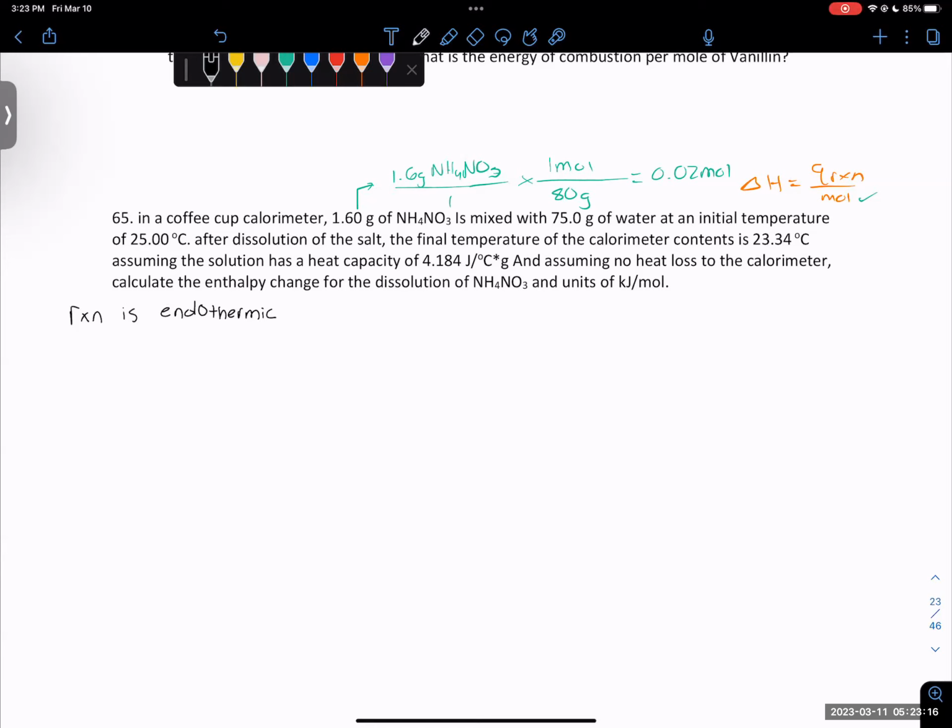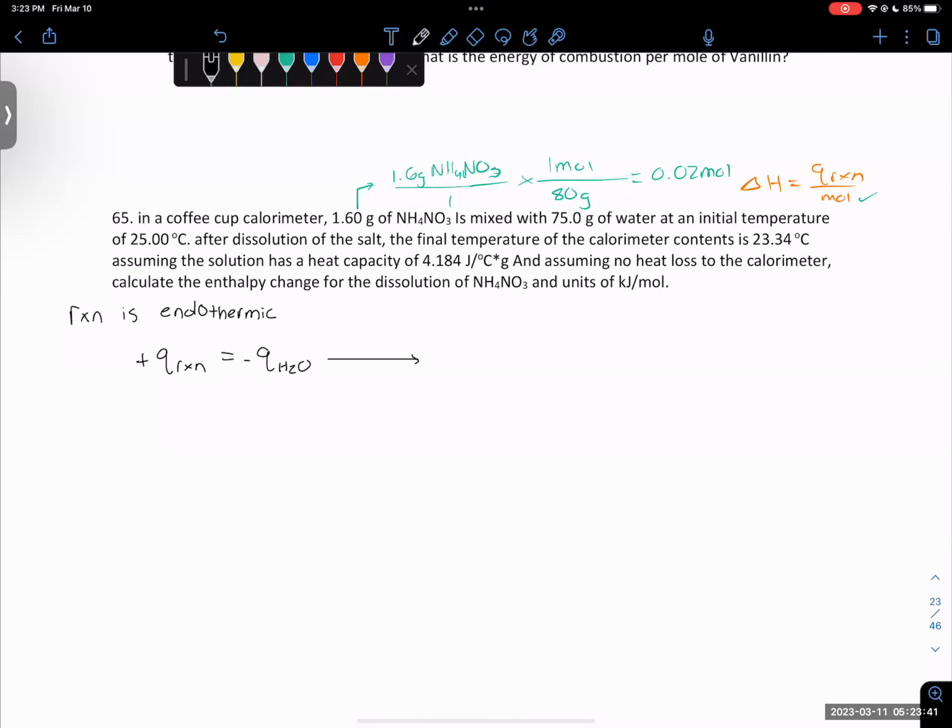So our reaction is one system, and our water is another system. We said this reaction is endothermic, so the heat gained by the reaction is equal and opposite in sign to the heat lost by the water, right? That's just the basic physical principle.